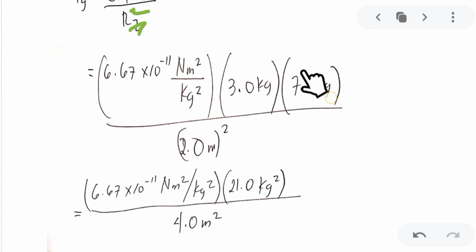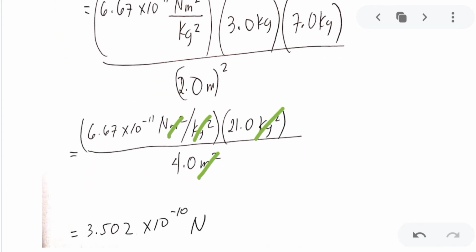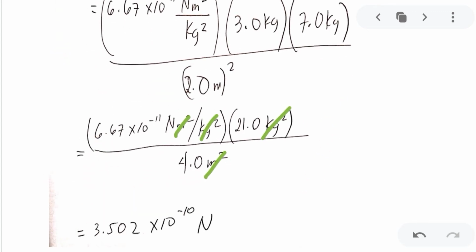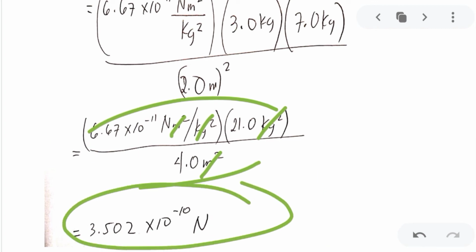For the units, kilogram times kilogram is kilogram squared. Then here you will have 2 squared, which is 4 meters squared. Cancel the units, the meter squared and the kilogram squared, and you will be left with the Newton, which is the force unit. Perform the operation, multiply and divide, and you will have 3.502 times 10 raised to negative 10 Newton.